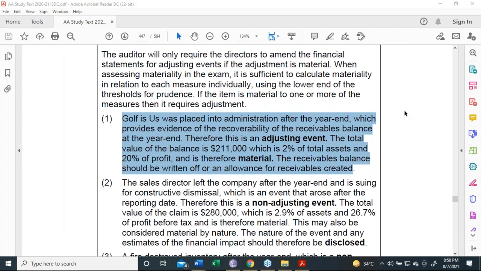First of all, they are discussing the issue from the question. Then they are applying IAS 10, events after the reporting period. Then they are going towards materiality. Last but not the least, they are recommending the correct accounting treatment in order to avoid the modification.